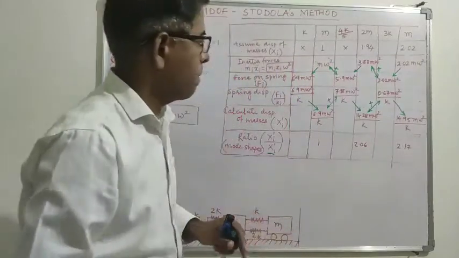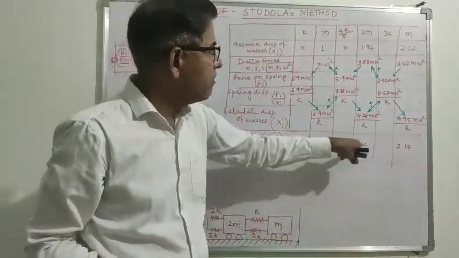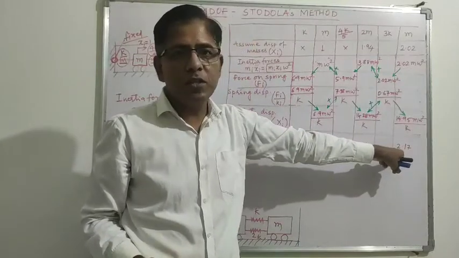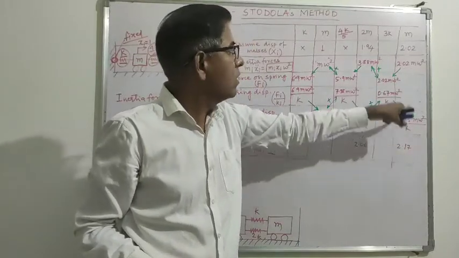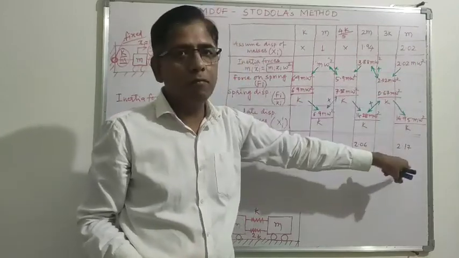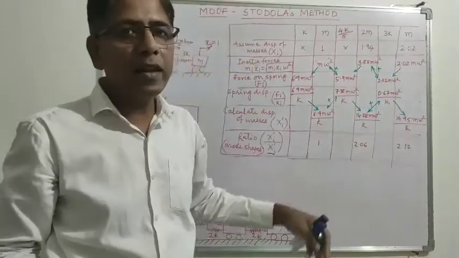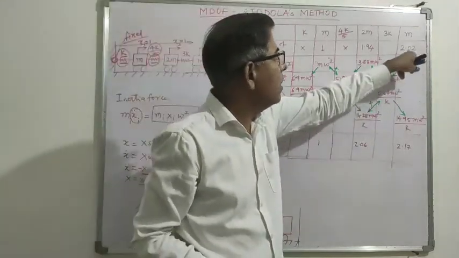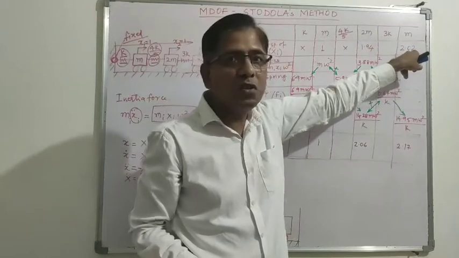Now here again, if you compare these values with the initially assumed displacement values, then they are not converging, they are not the same, and we need to carry out the iterations till it is matching with the first decimal.